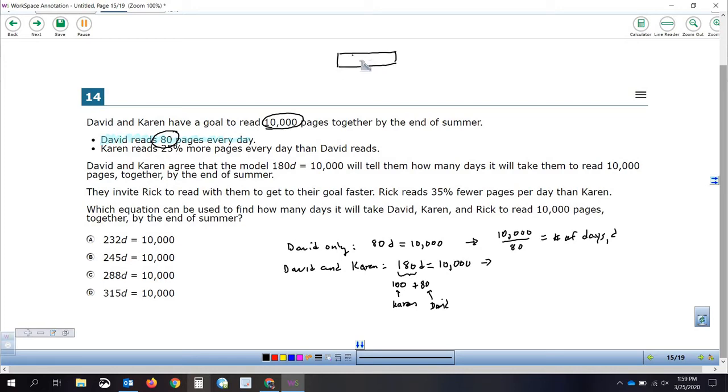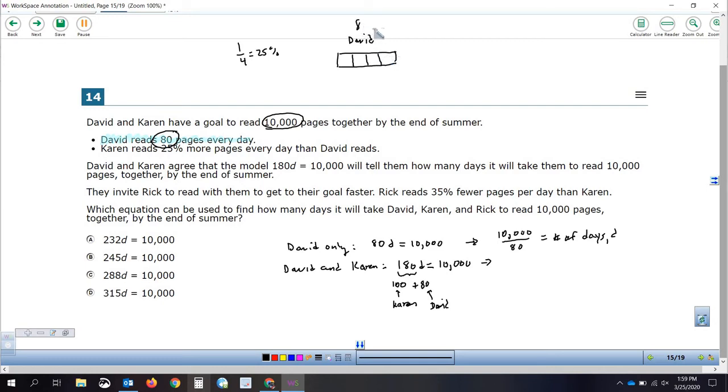I'm going to try my best to divide this into 4 equal parts, and this is going to represent David. Hopefully you know that 1/4 is equal to 25%. So this is a fourth, and this is a fourth, and this is a fourth, and this is a fourth. Or this is 25%, 25%, 25%, and 25%.